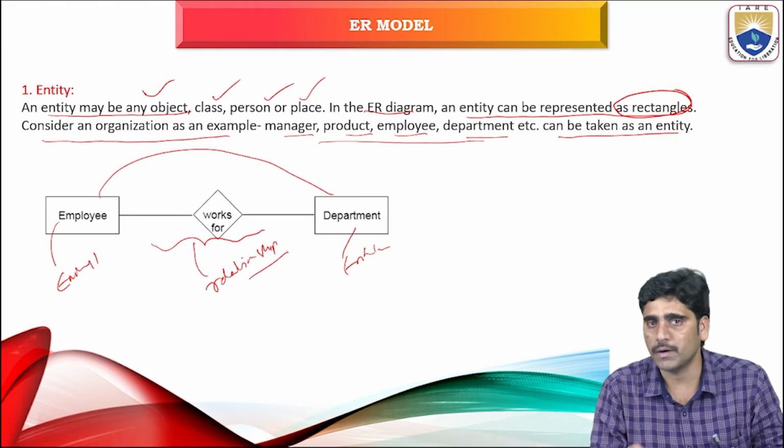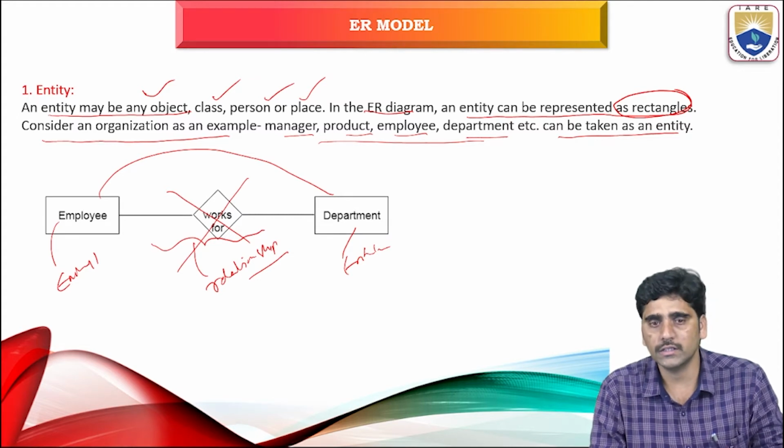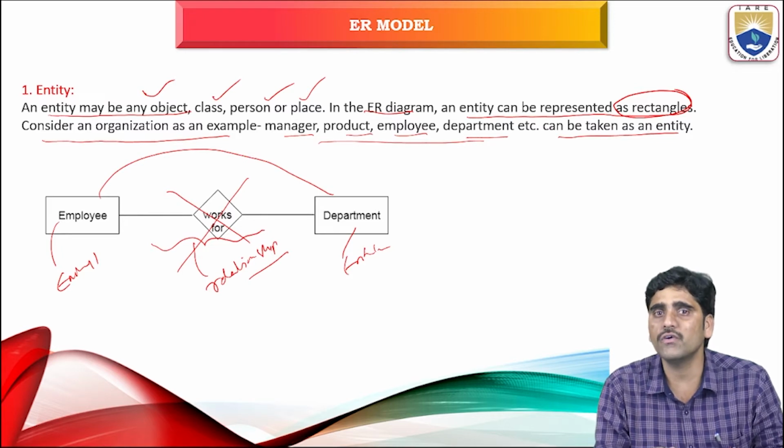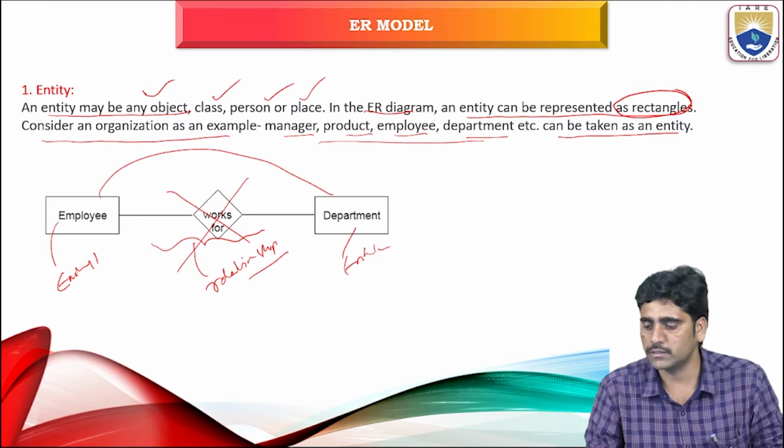Employee works for the department, and department gives work to the employee. So the relationship is important. Without this relationship, we can't understand what is the relation between the employee and the department. So definitely we have to mention that relation. This is the way we understand the relationship among the two entities.